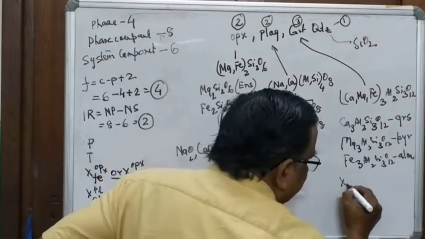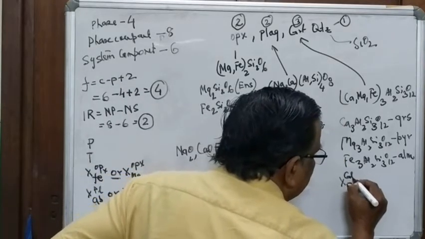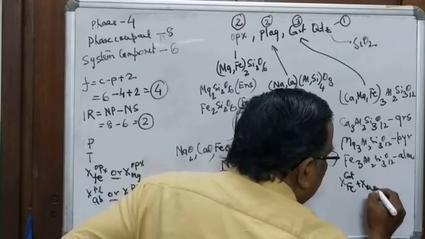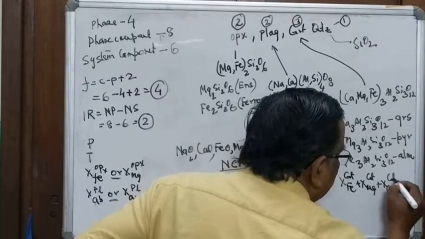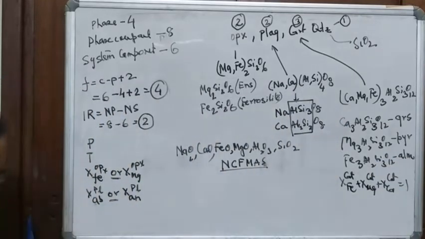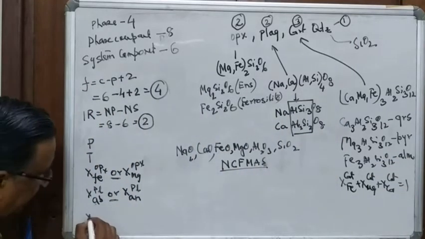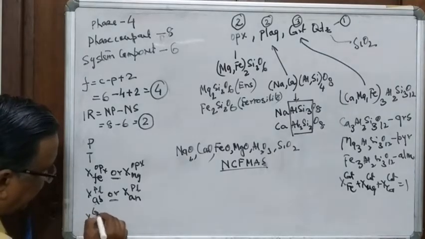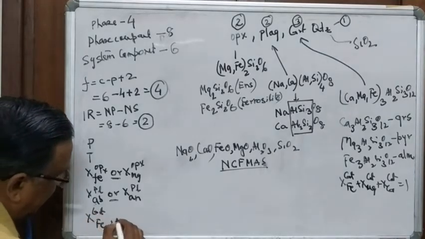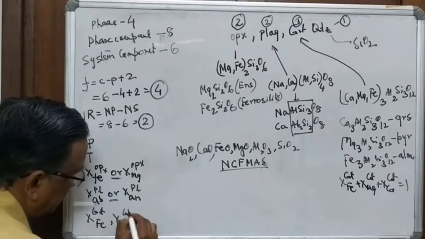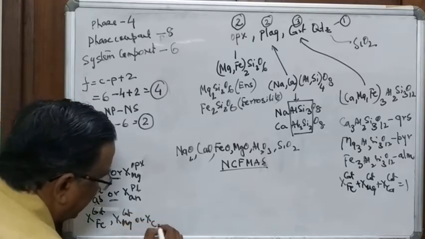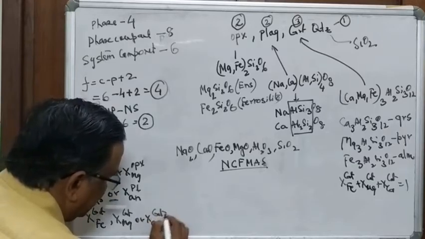So XFE in garnet plus XMG in garnet plus XCA in garnet is equal to 1, right? So here the variables will be XFE garnet, XMG garnet, or XCA garnet here.